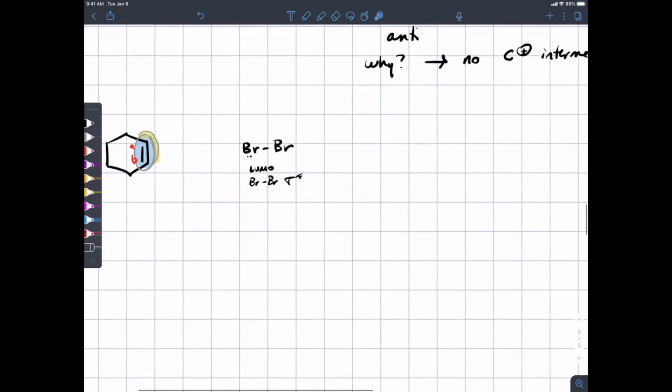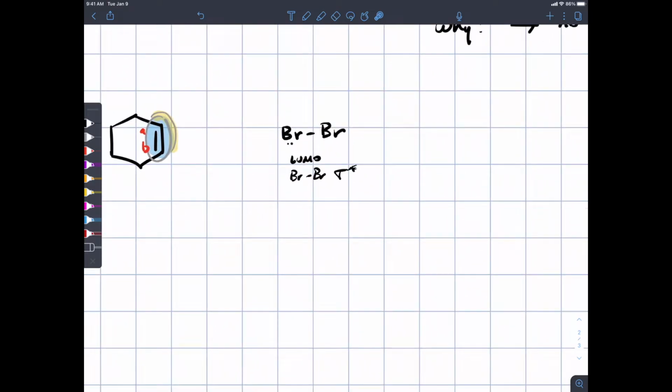That doesn't happen here because unlike the 2 previous reactions where the thing that the alkene was attacking was a hydrogen, the thing that the alkene is attacking here itself has electrons on it, relatively high energy lone pairs.